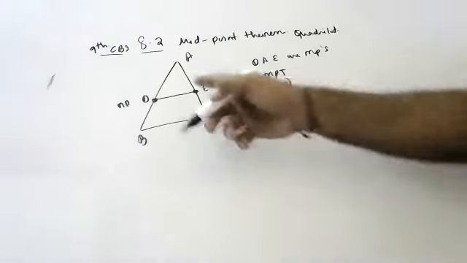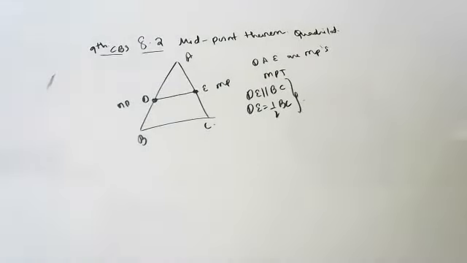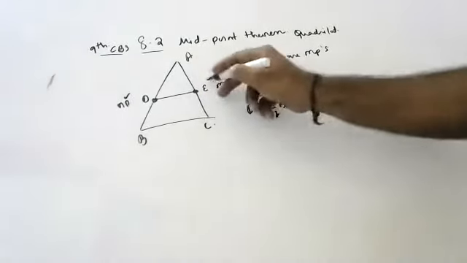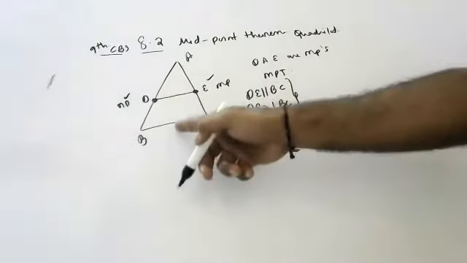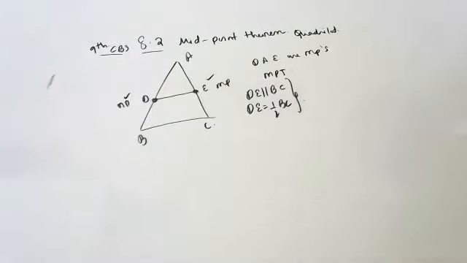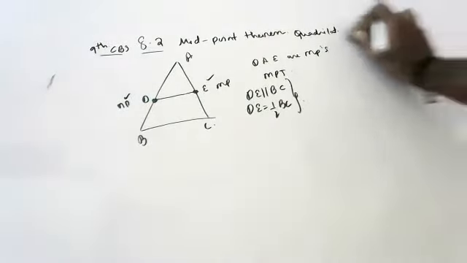Children, if D and E are midpoints, try to understand, then the midpoint theorem states that DE is parallel to BC and DE is half of BC. This is the midpoint theorem. Let's do some numerical sums on this exercise.